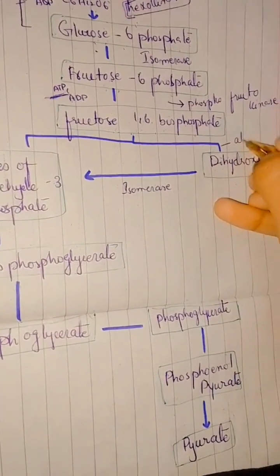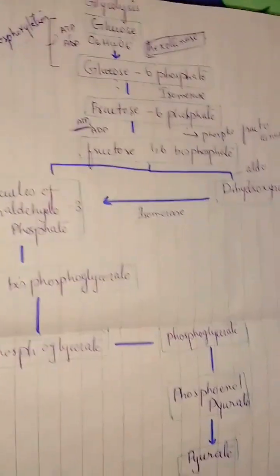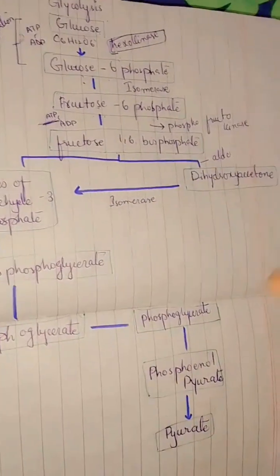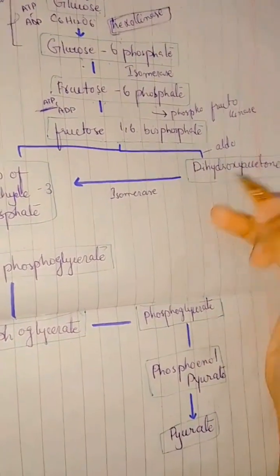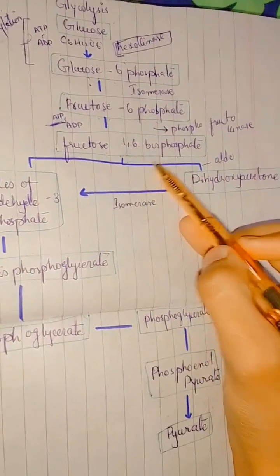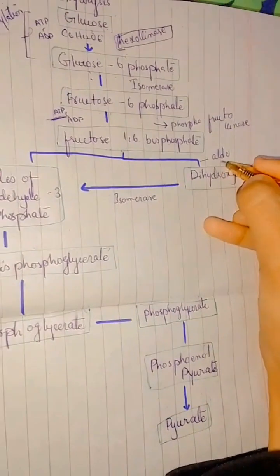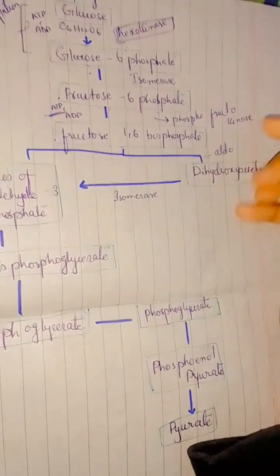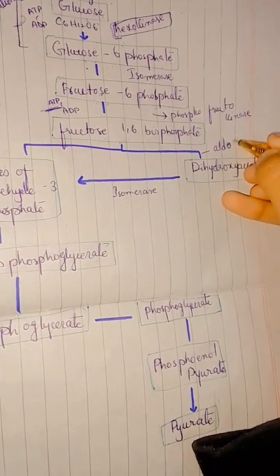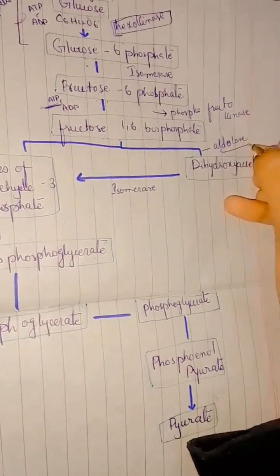In every step an enzyme is used, and different enzymes are used here. So when fructose 1,6-bisphosphate breaks down into two trioses, the enzyme used is aldolase.